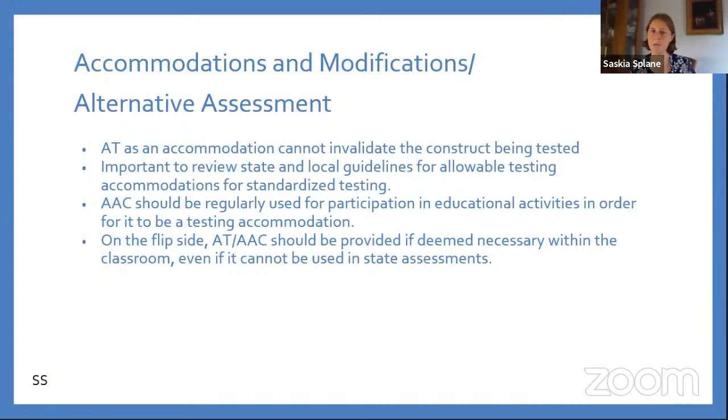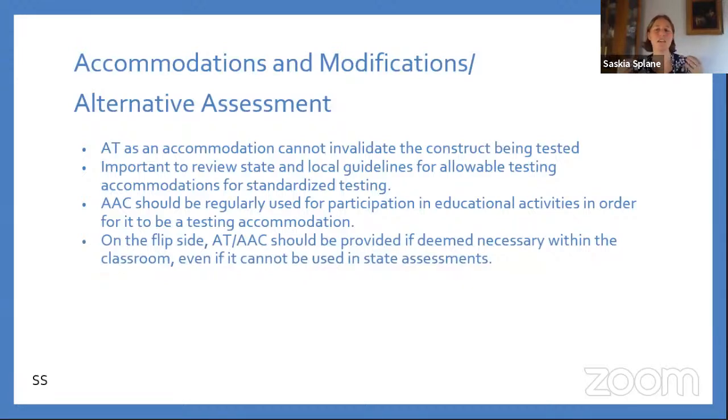So as I said, accommodations and modifications or in that alternative assessment might be an area. And something to keep in mind when you're thinking about accommodations and modifications is when it comes to state testing, an accommodation can't invalidate the construct being tested.